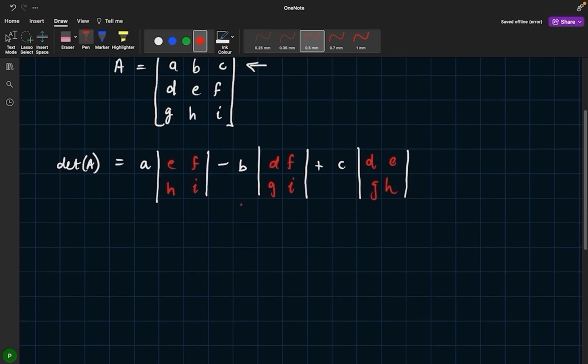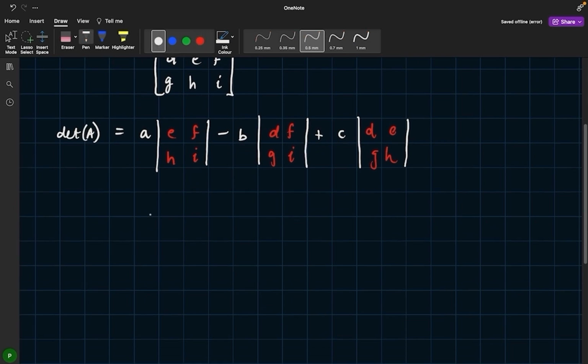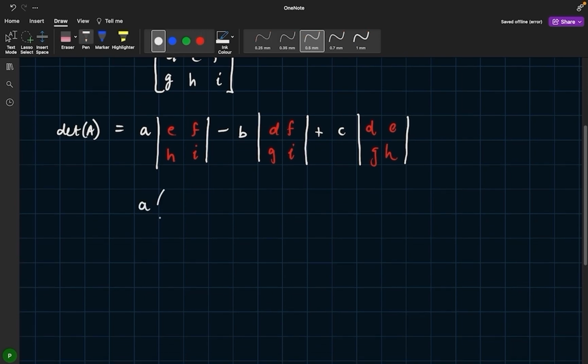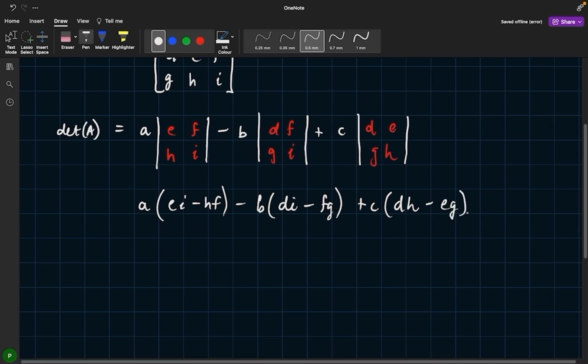That goes in there. And now you already know how to solve a 2 by 2 matrix. So you have A(EI minus HF) minus B(DI minus FG) plus C(DH minus EG). And that is the determinant of A.